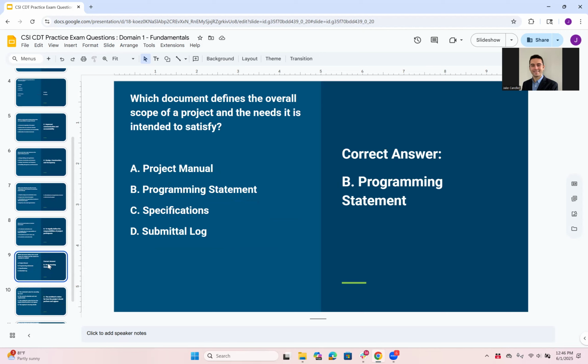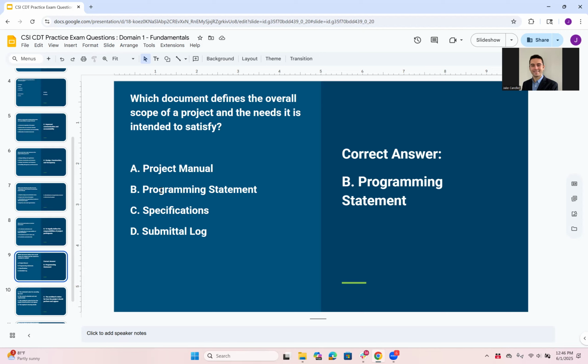Which document defines the overall scope of a project and the needs it is intended to satisfy? So when we talk about needs intended to satisfy, we're talking about the programming statement. Going through the options here, it wouldn't really be the project manual because that's where the contract documents are often located.